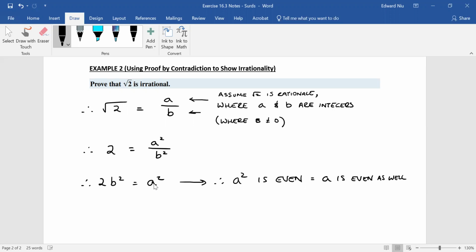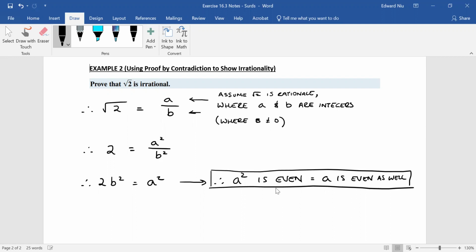Odd and even, it's going to spit you out an even number, which means A squared is also an even number as well. So this is super important. So we put a box around this. And this leads us to the next part of the proof.